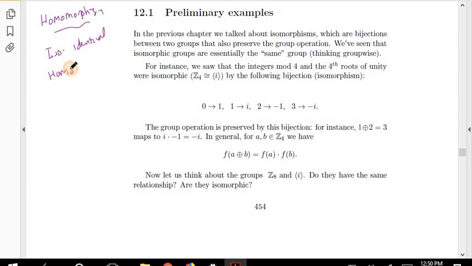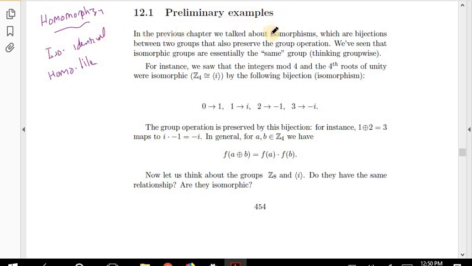For instance, homogeneous means that the consistency is like all the way through the material. So in some way, homomorphism is not quite as strong as isomorphism, but there is some similarity. Groups that are homomorphic are similar in some way, but they're not as identical as isomorphic groups.